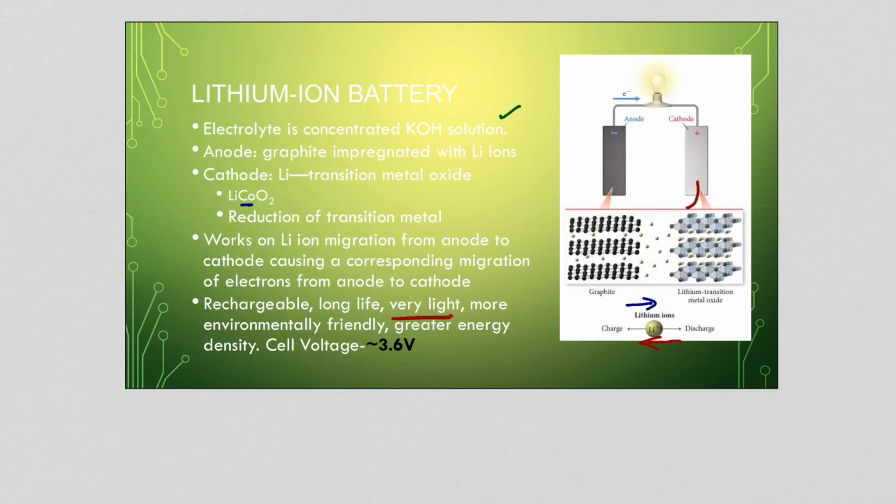It's more environmentally friendly than some of the other batteries. It has a big energy density, and it has a much larger cell voltage than what we've seen in any of these other batteries, about 3.5 volts. So it's found a lot of applications in portable electronics that have more and more demand for higher voltages.